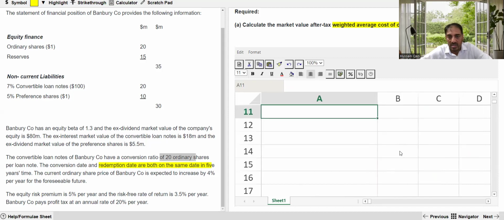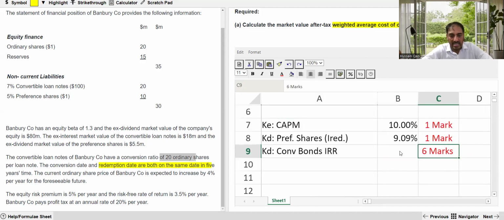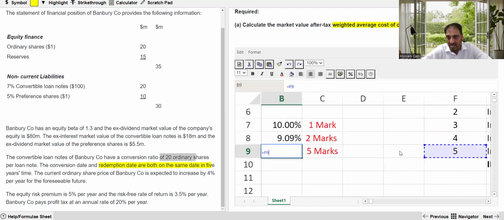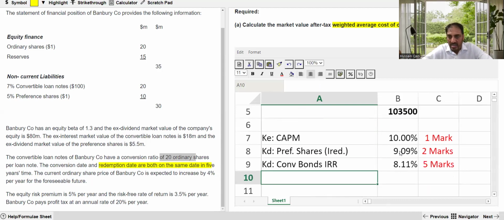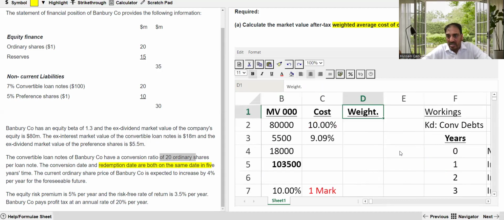Sorry, actually the examiner attached a total of 5 marks for this convertible, and 2 marks for preference shares. So 5 plus 2 is 7, and there are 2 marks remaining. Don't worry, I will let you know about those 2 marks.